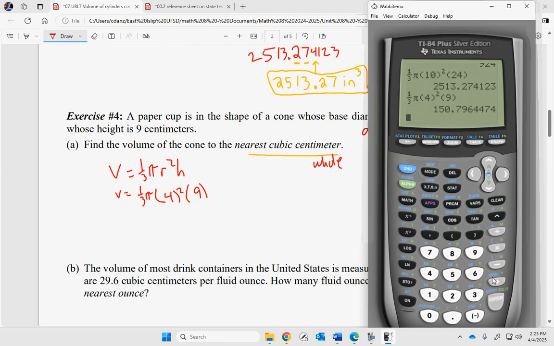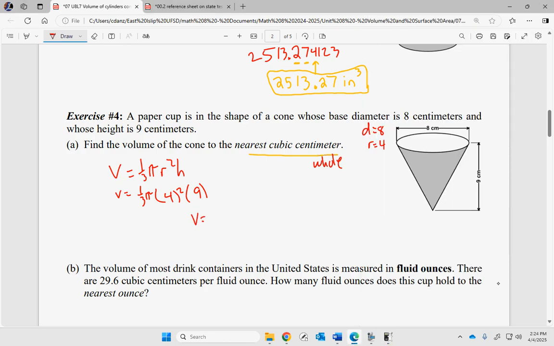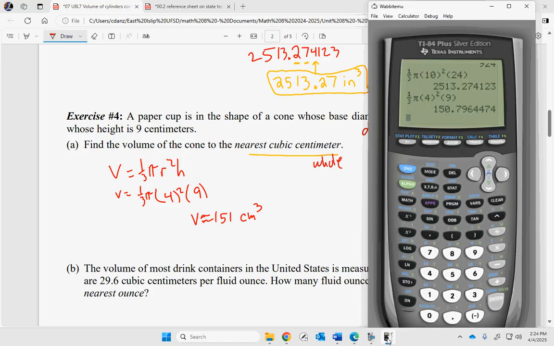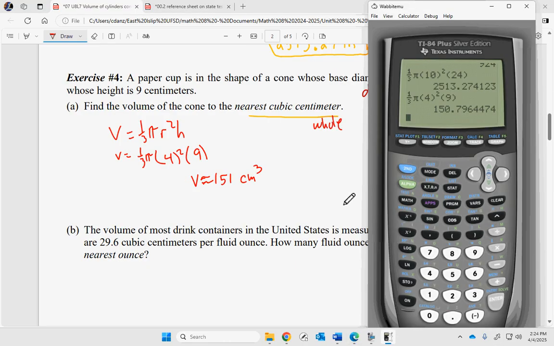So I got to the nearest cubic centimeter, it would be 151. Did you get that too? Good. 151 centimeters cubed, because I needed to the nearest whole number. Excellent. There's a part B though.